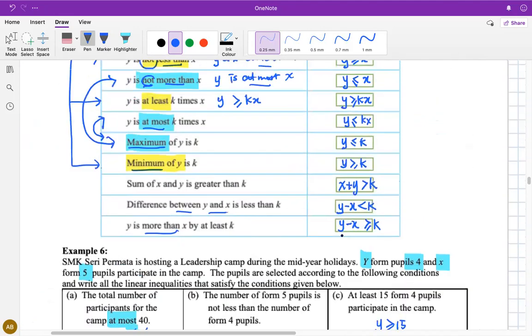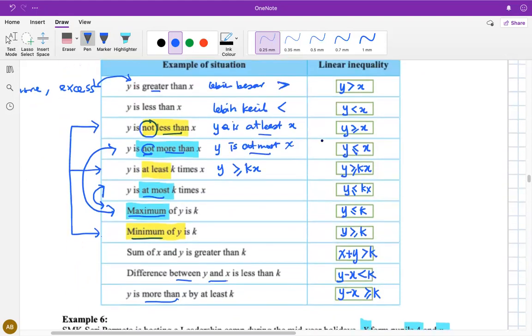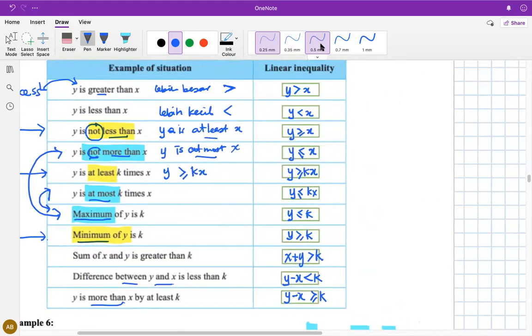This is for representing a situation in the form of a system of linear inequalities, so please be careful. At least is the same as not less than, or minimum.